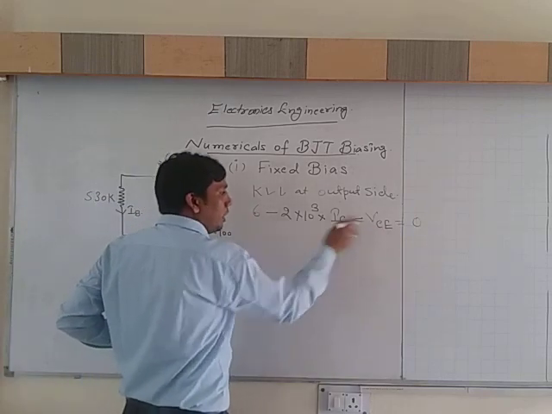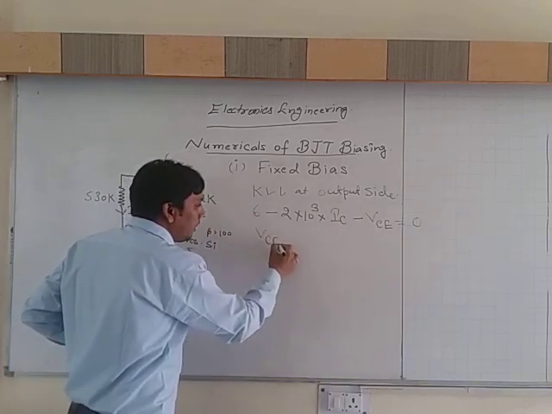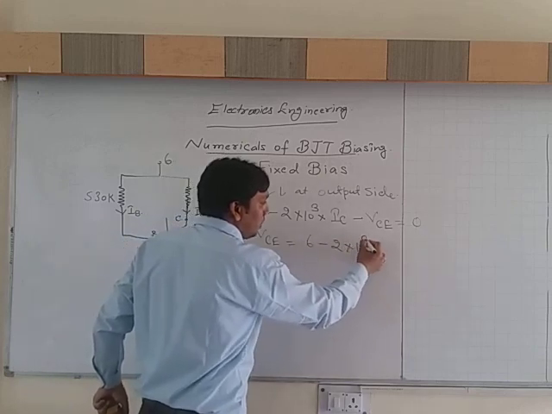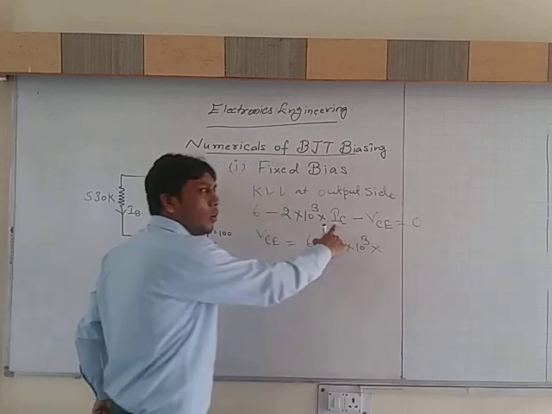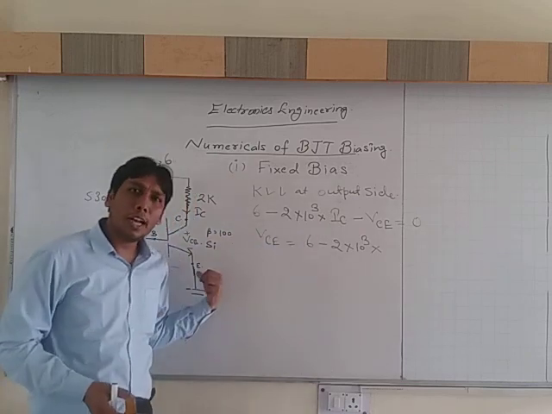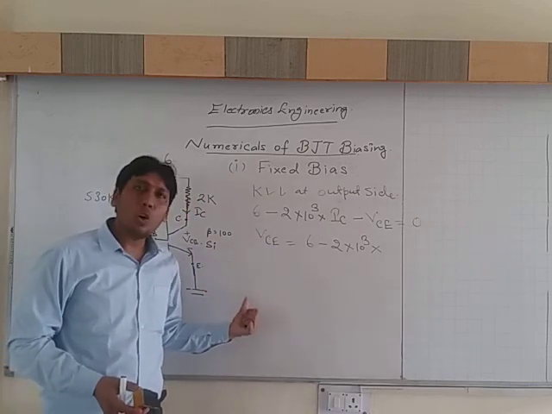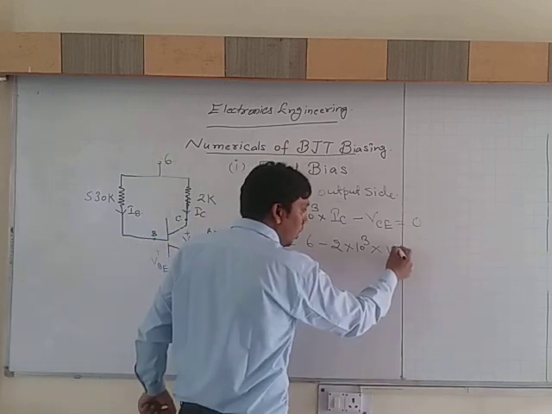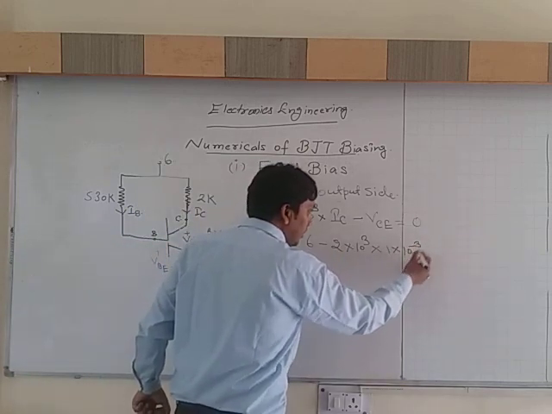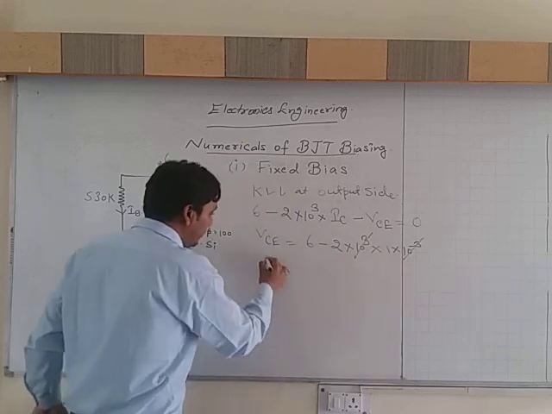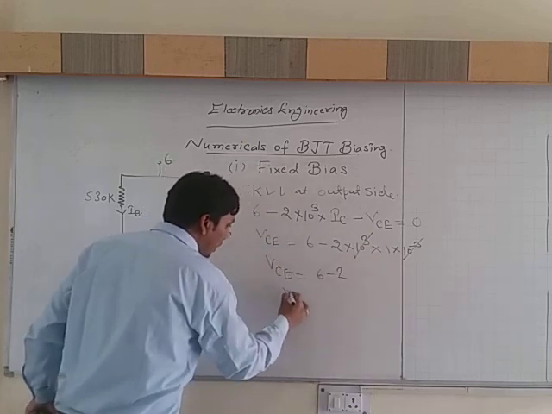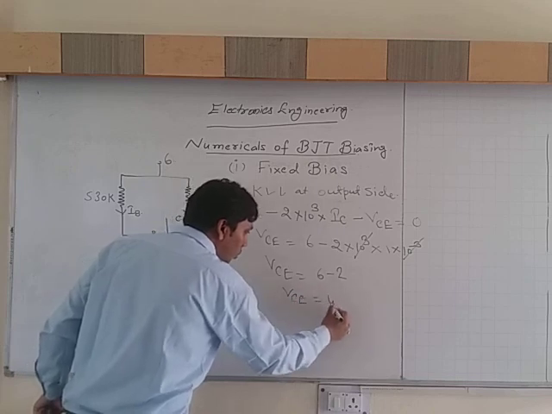From this equation we can determine the value of VCE as 6 minus 2 into 10 to the power 3 into the value of IC, which we have already determined, and the value of IC was 1 milliampere. So we can put the value 1 milliampere here. This will be cancelled by this. VCE will be 6 minus 2, that is VCE will be equal to 4 volt.